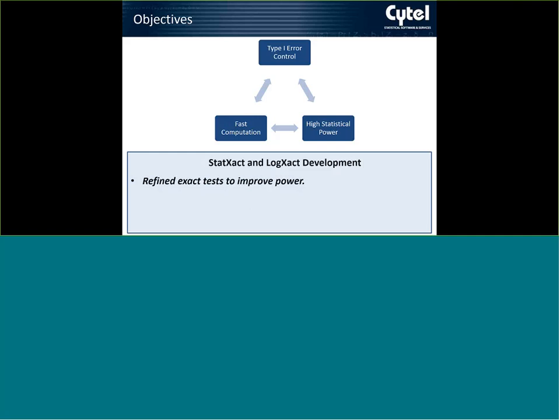So it allows you to control type 1 error by making sure that you have power that's as high as you can achieve. Second, because exact tests are so computationally difficult, another big objective within Cytel over the years has been to make sure that the algorithms that yield exact results, both in StatXact and LogXact, are as efficient as they can possibly be.